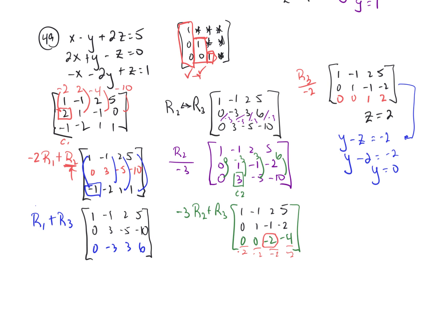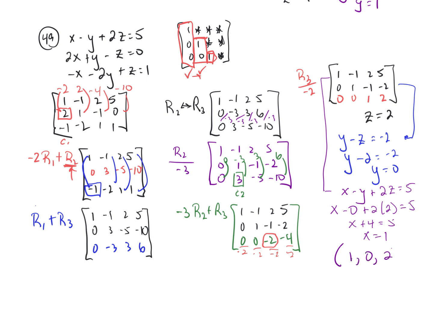And then the first equation is x minus y plus 2z is 5. So I'll have x minus 0 plus 2 times 2 is 5. X plus 4 is 5. So x is 1, which means 1, 0, 2 is our solution.